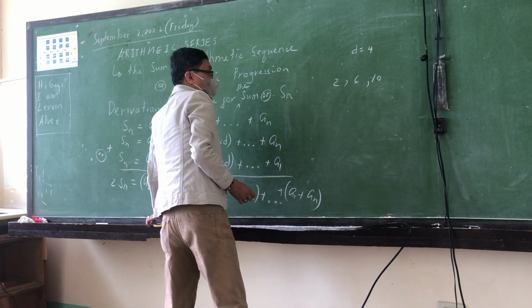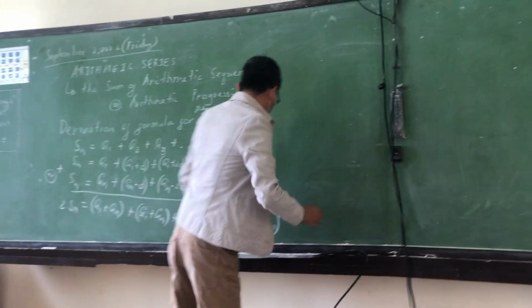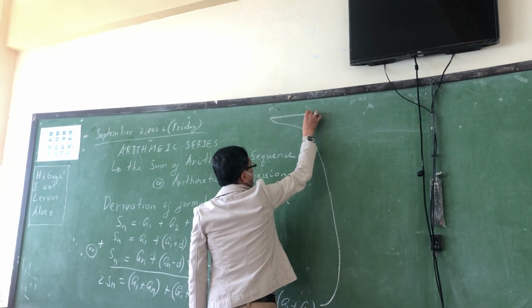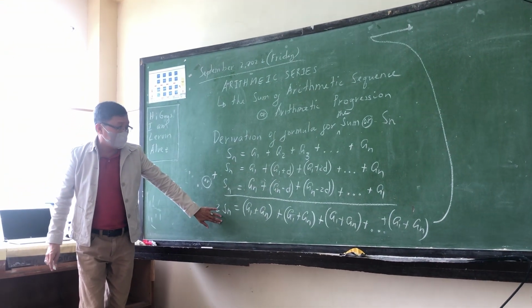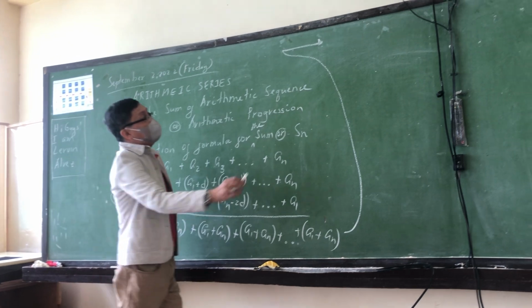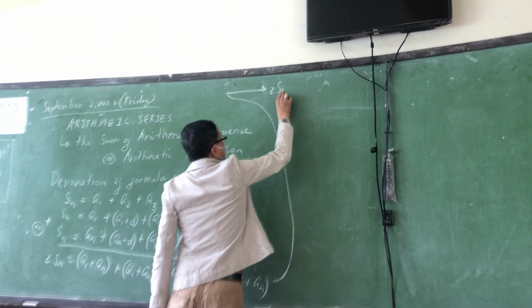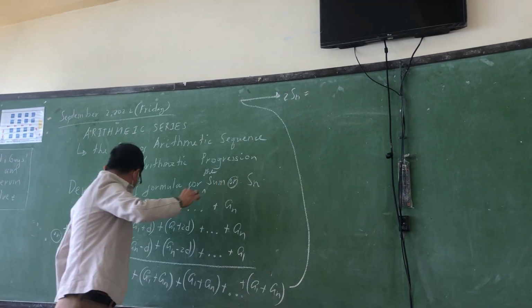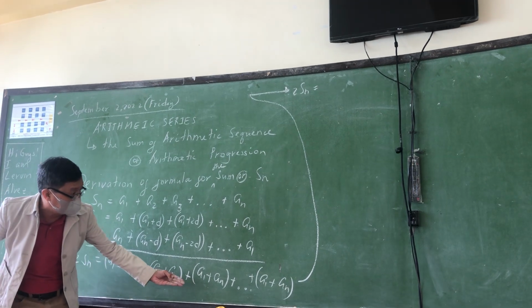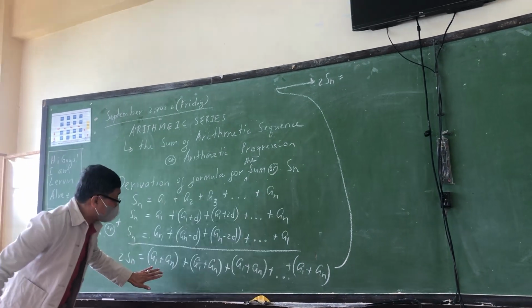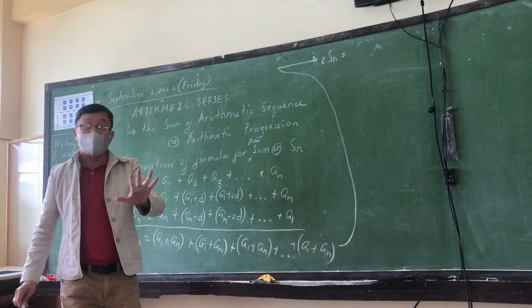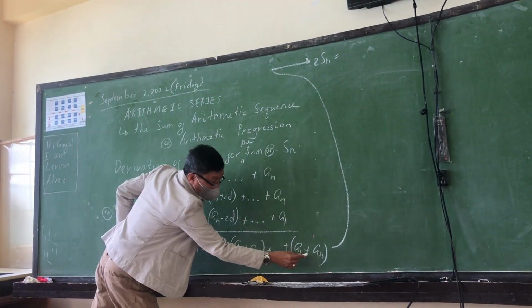I hope I am not confusing you. Let me erase this part and then the continuation is this. So, if you will notice, we will just copy this. You will have 2 s sub n is equal to, take a look, what do you notice? So we are just adding the same. But how many times? How many times is this? This will be equal to what?